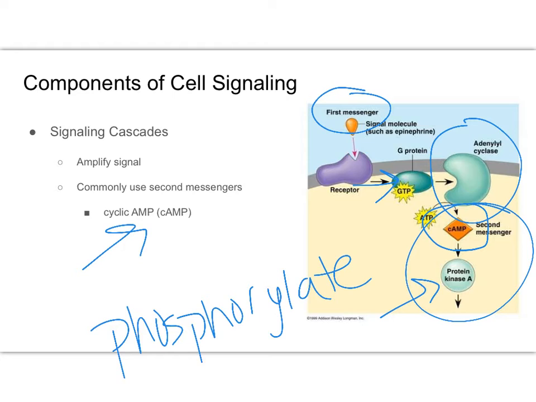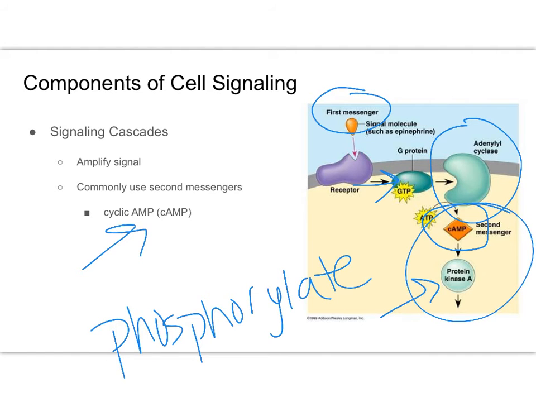So activation of the enzyme triggers the formation of the cyclic AMP. The cyclic AMP starts those cascades, starts those protein kinases going so that they will start phosphorylating other protein kinases, other molecules, moving that signal along so that it can get to the appropriate area of the cell for the right response.